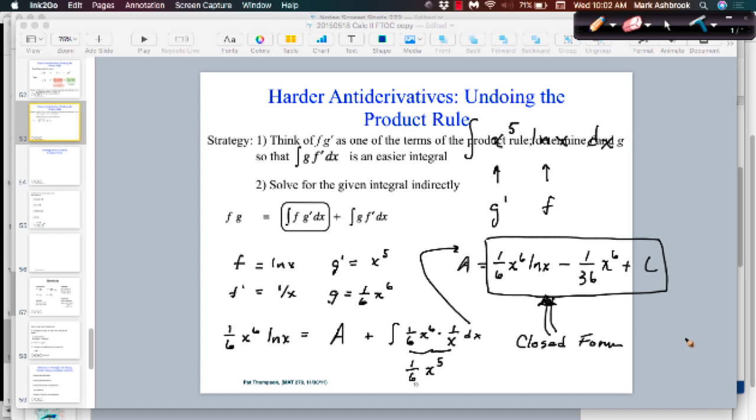So what is all this stuff? Right. It's a closed form. It's all closed form. Net what? Accumulation functions. Which ones are they? Which accumulation functions are they?